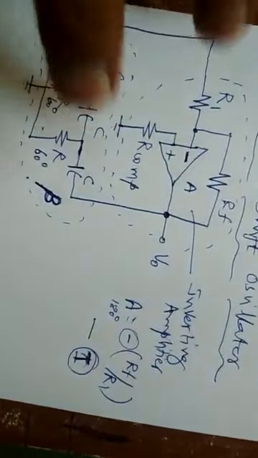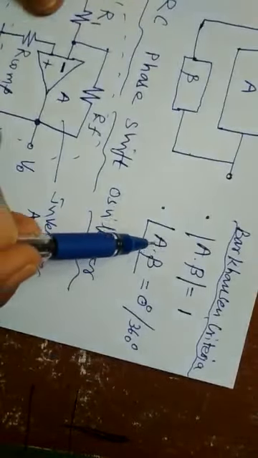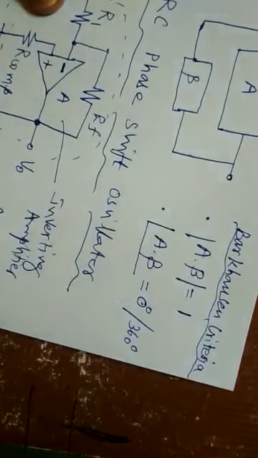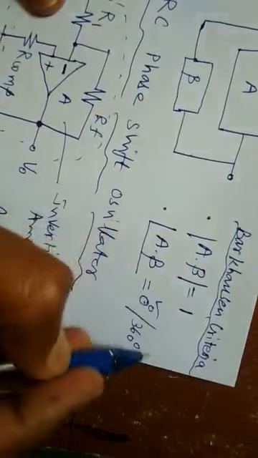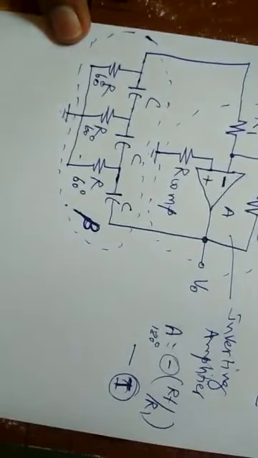So by considering the structure of this circuit, we will be having 0 phase shift. So the second condition of Barkhausen criteria, that is, the angle of forward path and feedback path is 0 degree or 360 degree, is satisfied.